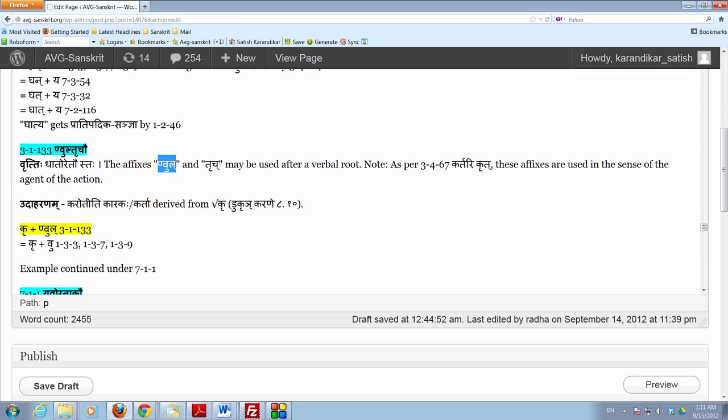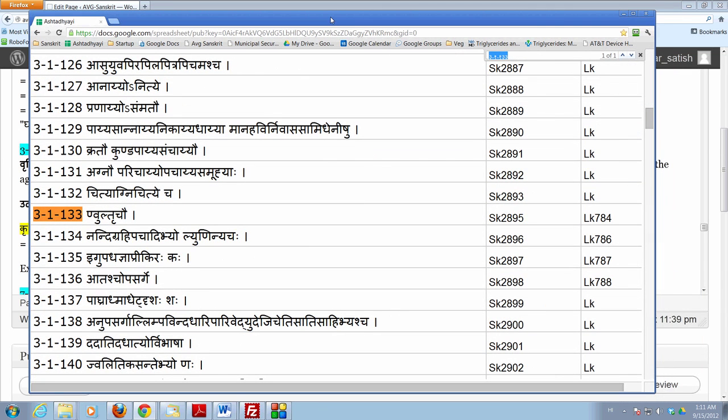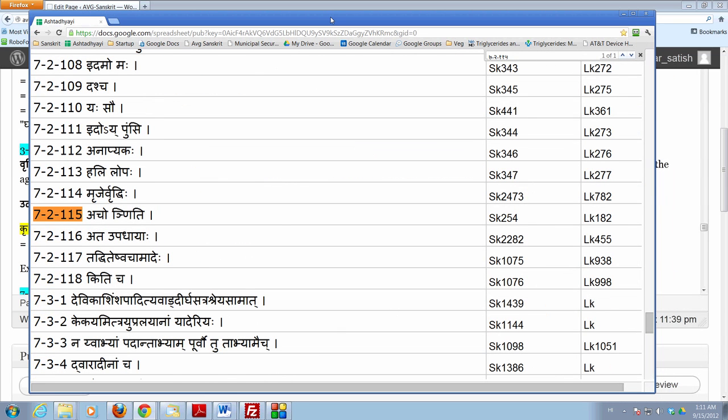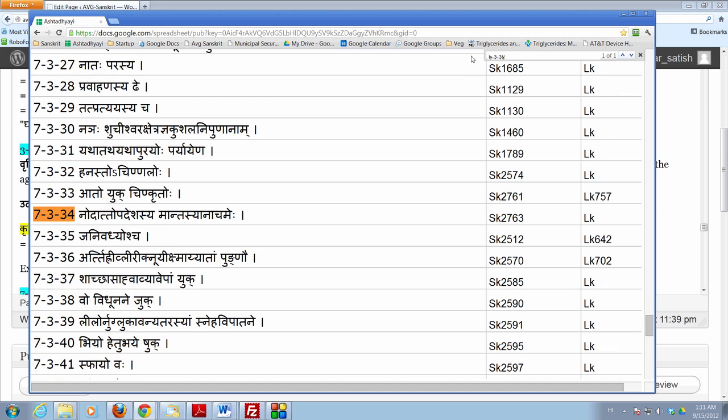On the other hand, the nakara as an it, by chutu, does have importance, because we can do operations such as achonyiti, atopadhayah, and also operations such as ato yuk chin krutoh, 7.3.33.